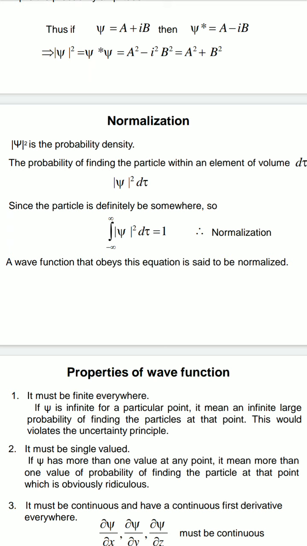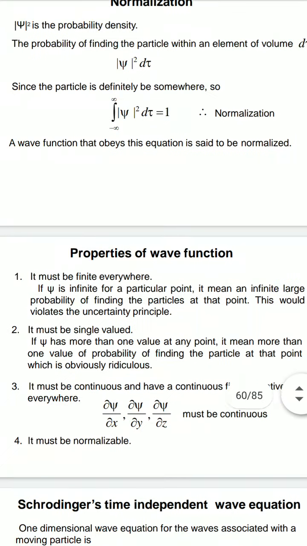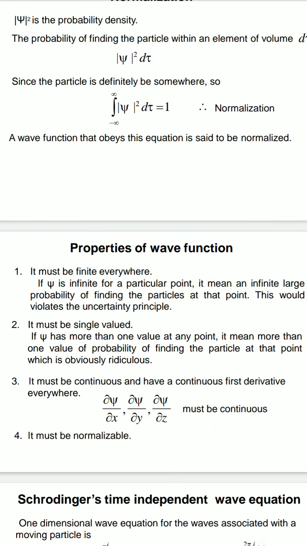If you divide the wave function psi by that n, you will get a resultant wave function psi star, which will be normalized. This is called normalization. So psi should always be normalizable.